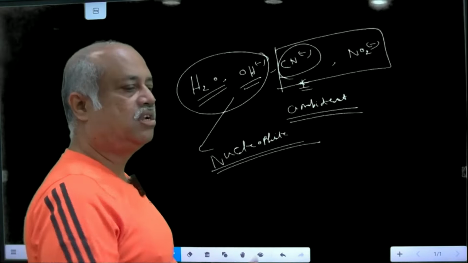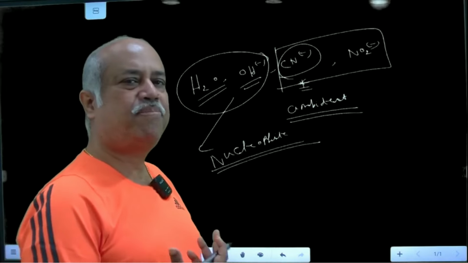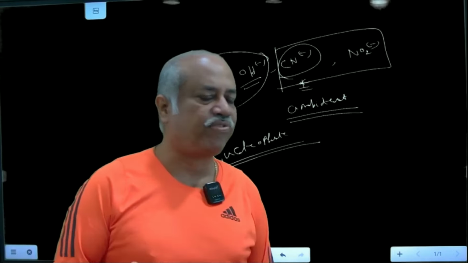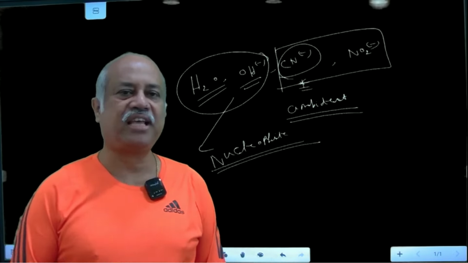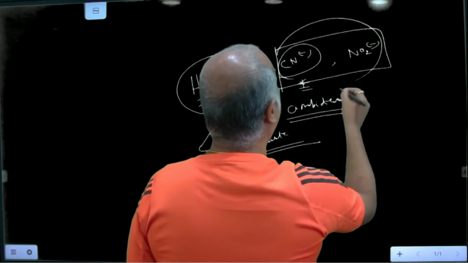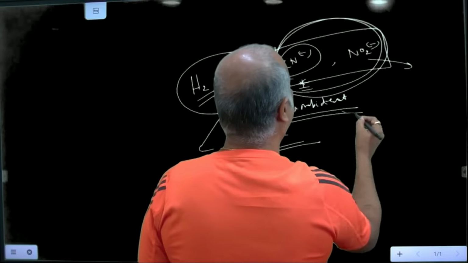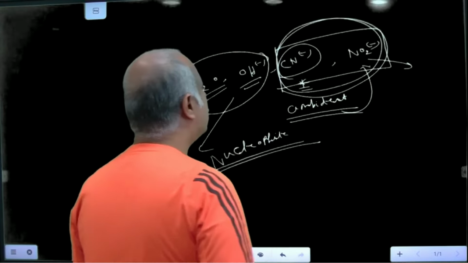Positively charged species act as electrophiles and negatively charged species act as nucleophiles.